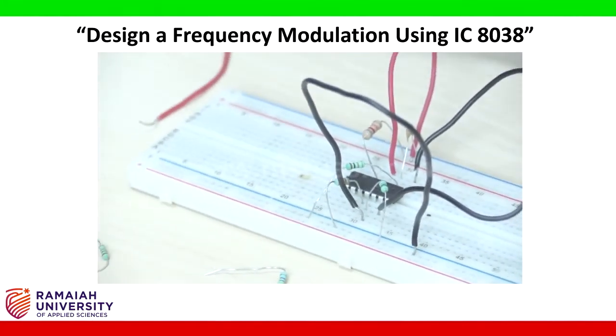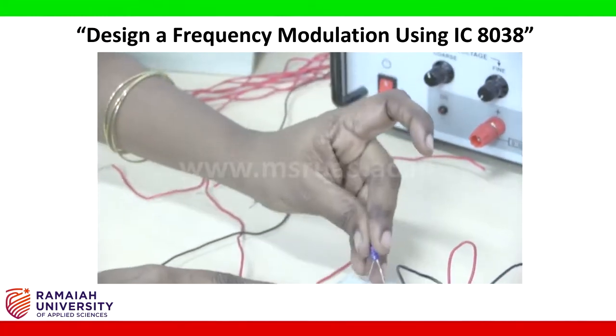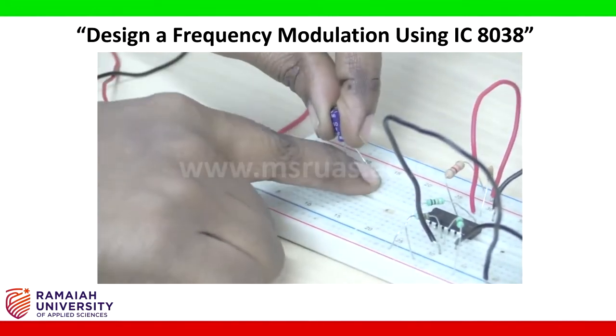Next, take a 1000 nanofarad capacitor and put it in a nearby node, negative terminal this side, positive terminal this side.